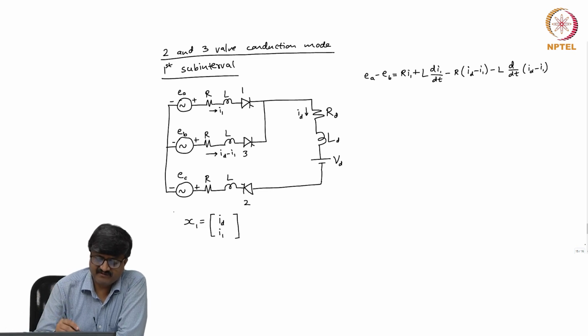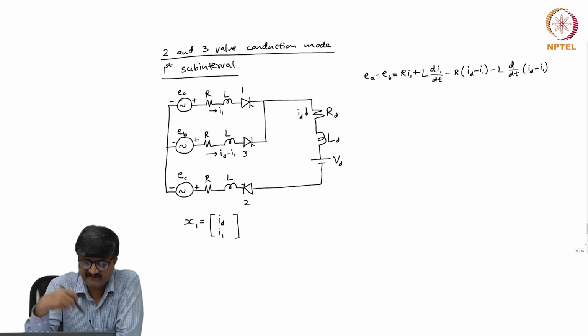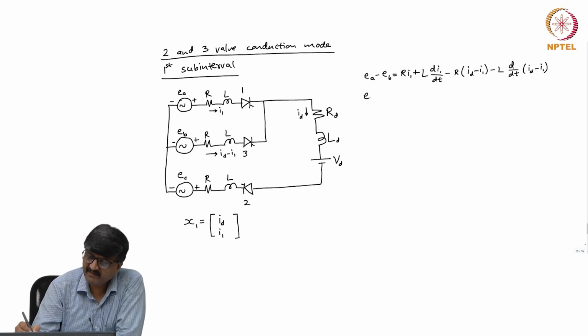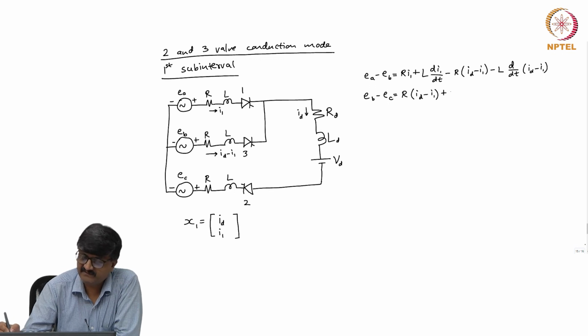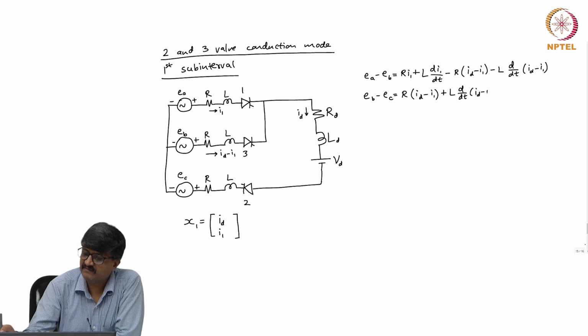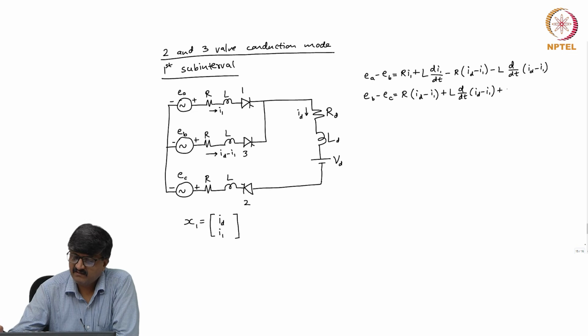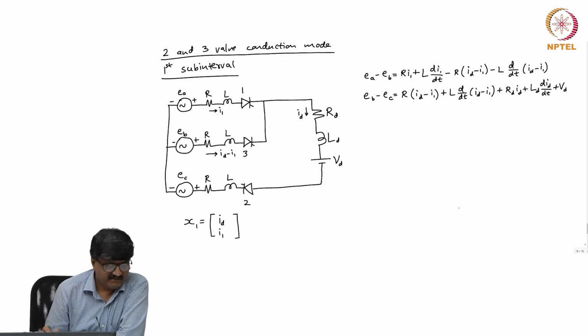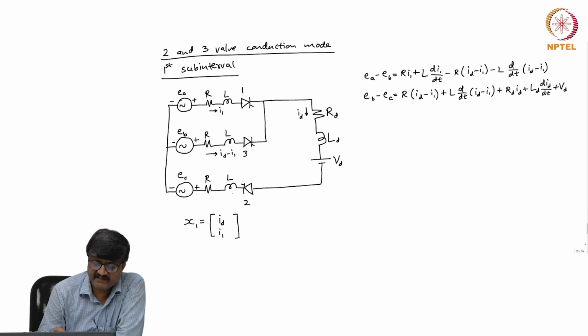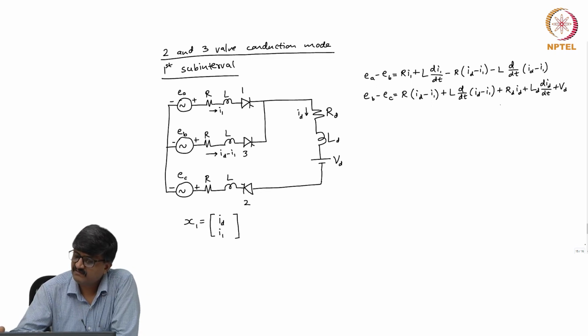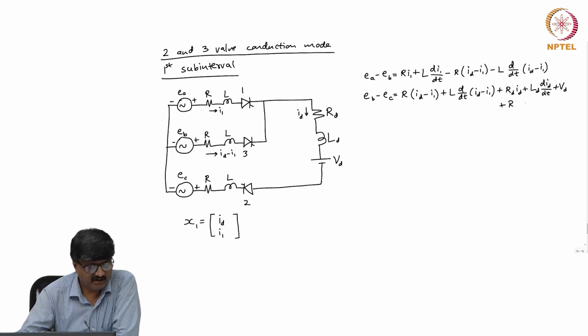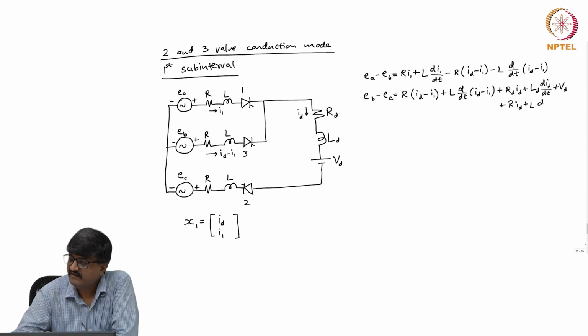If I take the loop consisting of EB, EC, R and L in series with EB, R and L in series with EC, the valves 3, 2, RD, LD, VD, and apply Kirchhoff's voltage law, I get EB minus EC is equal to R into (ID minus I1) plus L d by dt of (ID minus I1) plus RD ID plus LD dID by dt plus VD, and the current through valve 2, R and L in series with EC, is ID, so plus R ID plus L dID by dt.